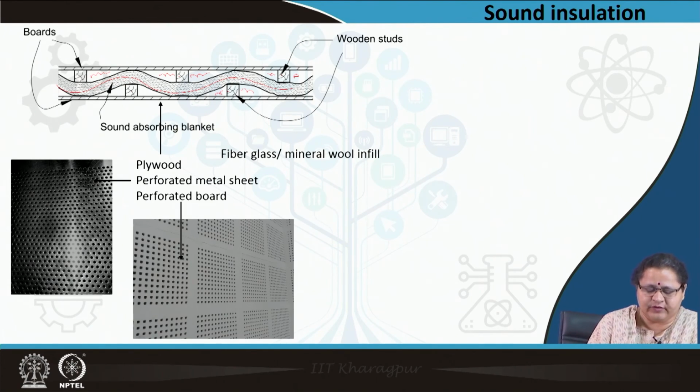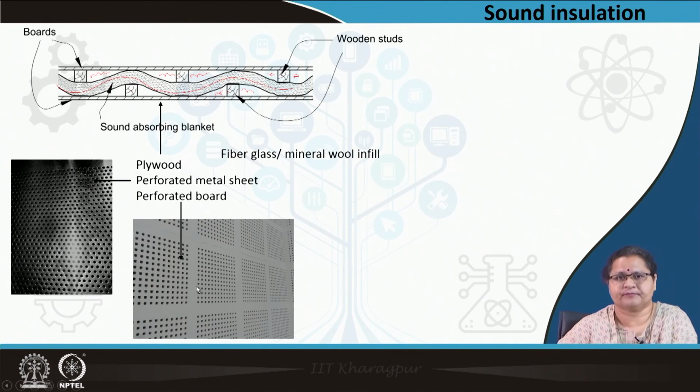Now, this coating can be plywood, as you can see it is written boards. It can be perforated board as you see in this picture, or it can be perforated metal sheet as you see in this picture. So, the inside is the same insulator, that is the fiberglass or the mineral wool or the cork sheet, but on top is a layer.